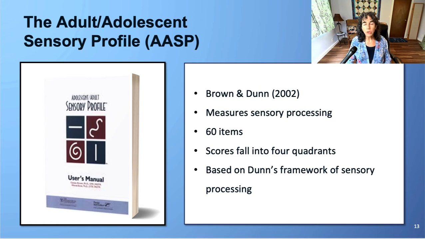And the scores fall into these 4 quadrants, which we'll be going over. It is based on Dunn's framework of sensory processing. So she actually came up with a theoretical framework as well. Check out the presenter notes for a whole bunch of information regarding the benefits and the features of the AASP. And this information is directly from the website at PsychCorp. So you can go there, you can look in the presenter notes, but if you're interested, there's more information.